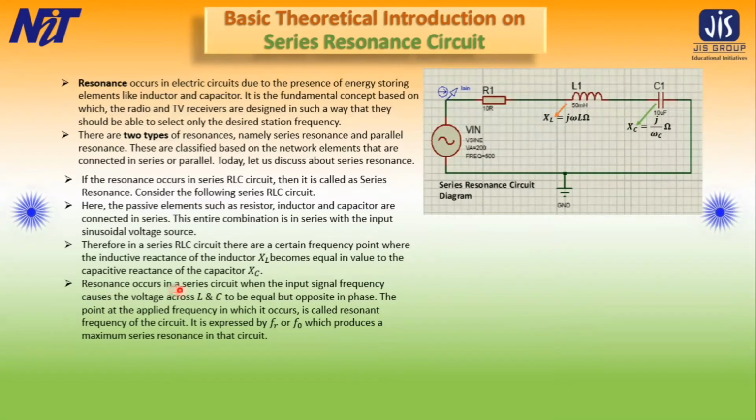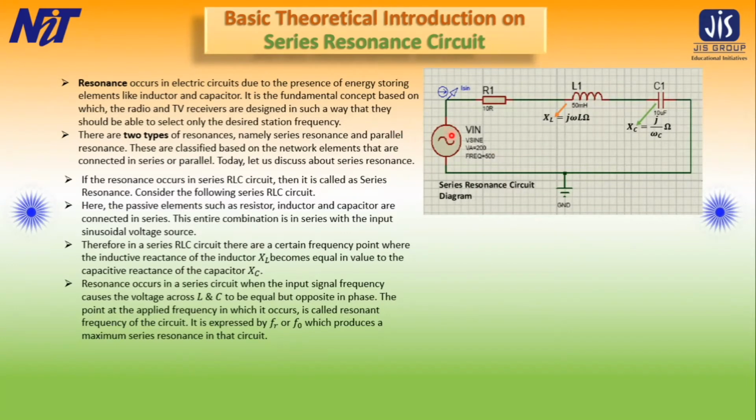When resonance occurs in a series circuit, the voltages across L and C will be equal but opposite in phase. The frequency at which this occurs is called the resonant frequency. Because both are equal but opposite in phase, the resultant reactance will be 0 ohms.